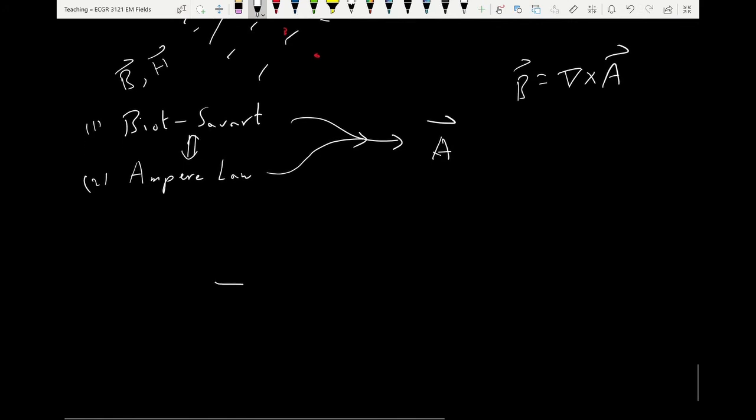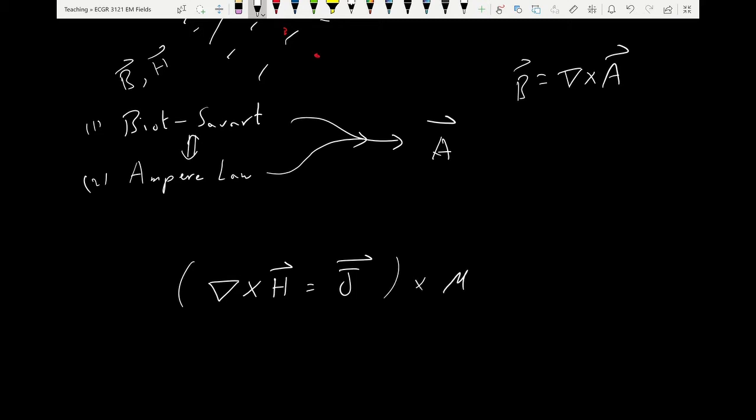What does Ampere's law state? It states that in its differential form, the curl of the magnetic field intensity is the current density. And I can multiply both the right-hand side and left-hand side by mu naught. Let me assume vacuum.